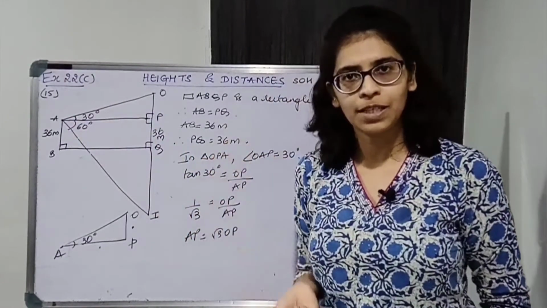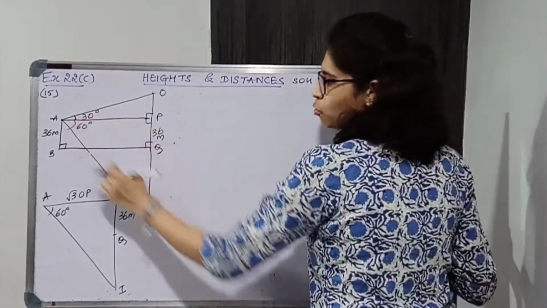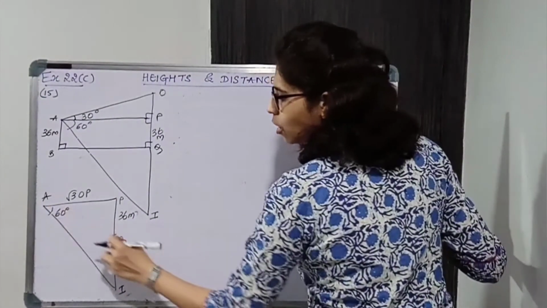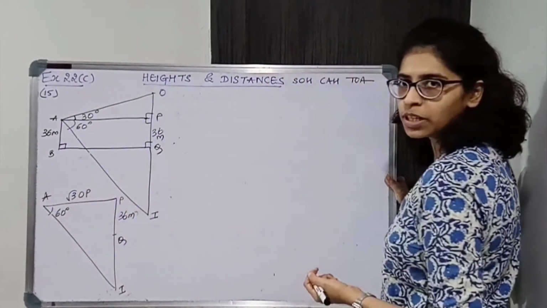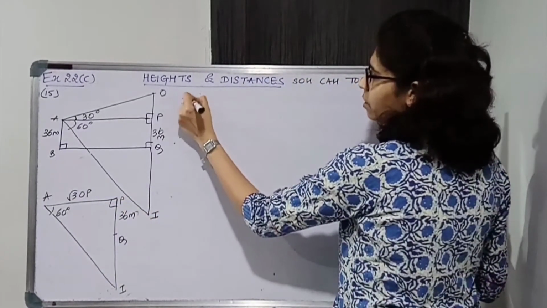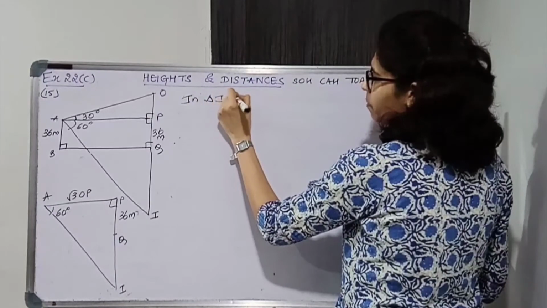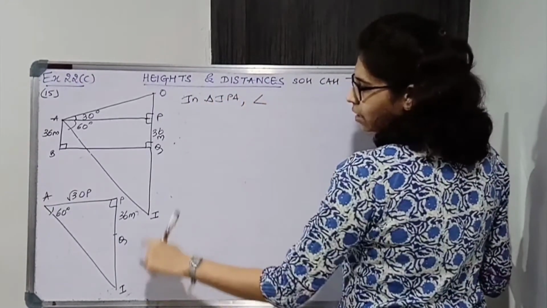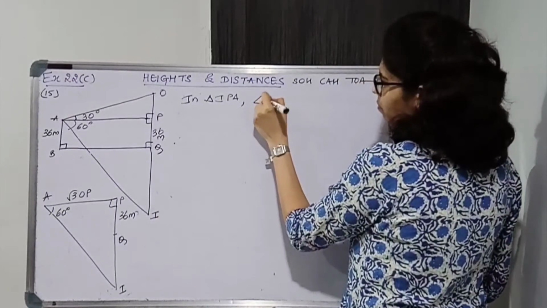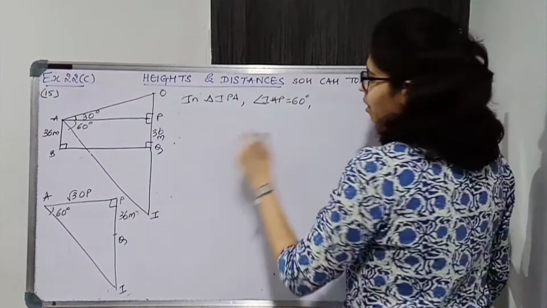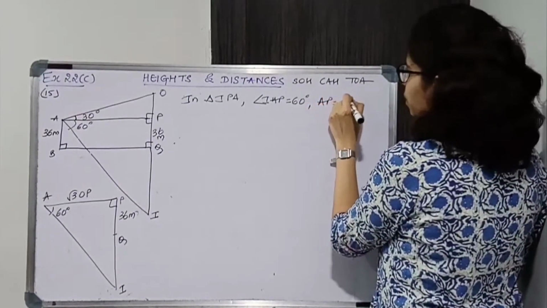Now we'll use this in this big triangle IPA. Let us consider IPA now. I drew this part separately over here. Now we have to relate the angle's opposite and adjacent sides, so again we'll take tan of the angle. So in triangle IPA, first write down angle IAP is equal to 60 degrees and AP is equal to root 3 OP.